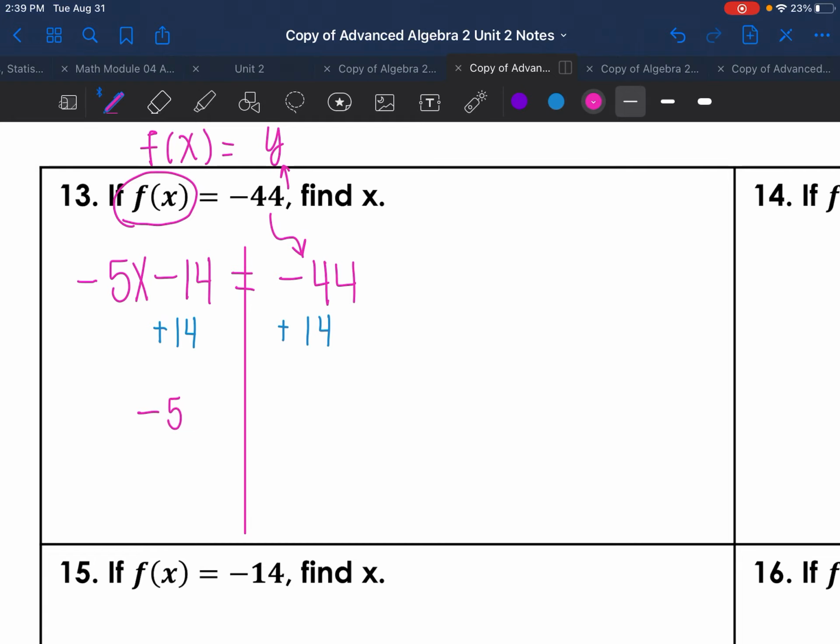And this gives us negative 5x equals negative 30. And then we divide by negative 5. Negative 30 divided by negative 5 is 6.